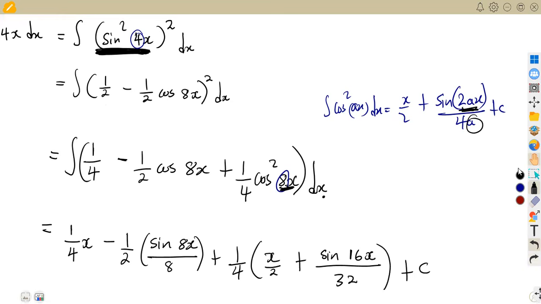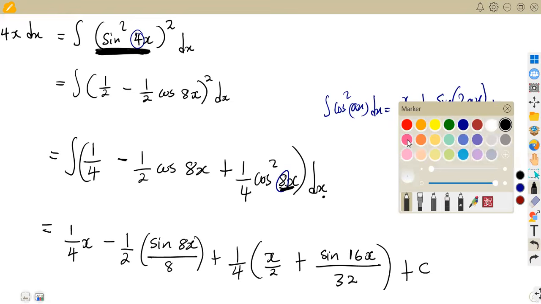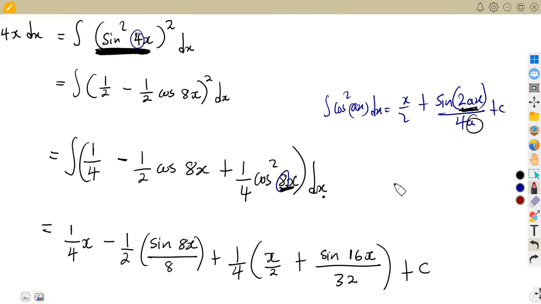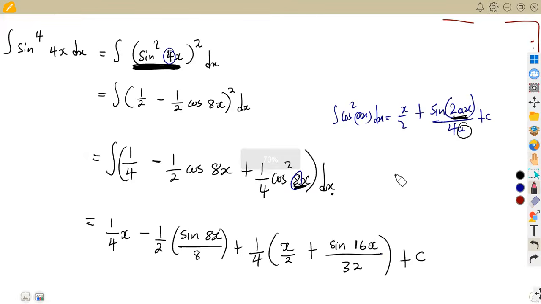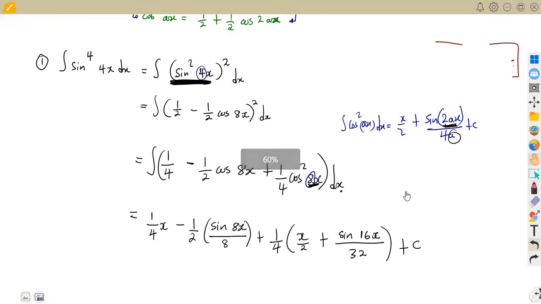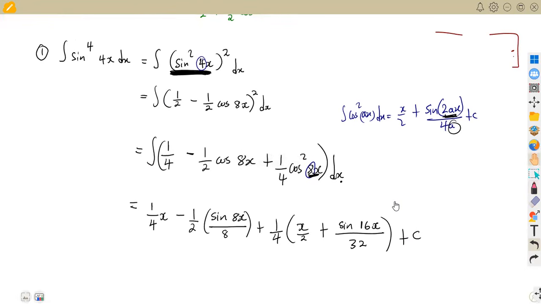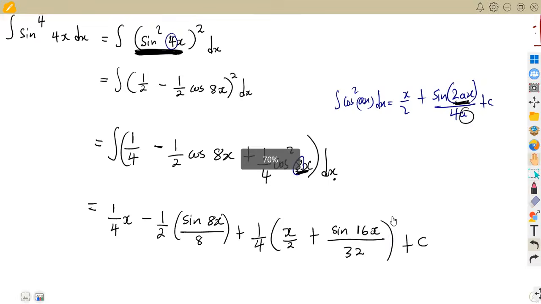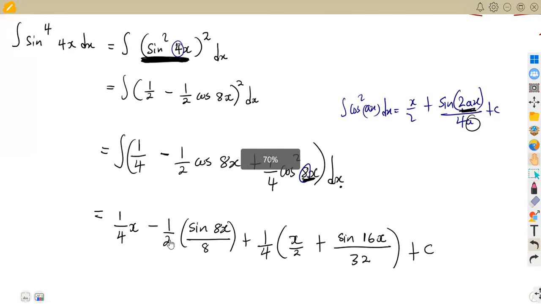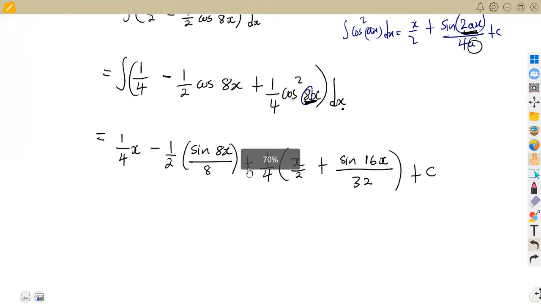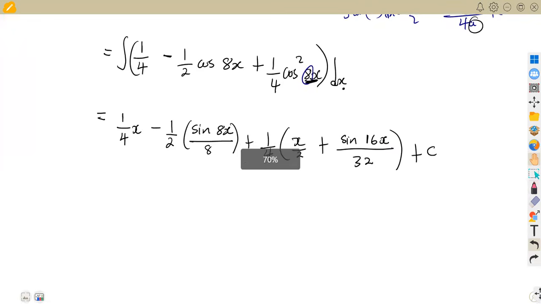You are done. At this stage, what you just need is the simplification. Just have to simplify properly each and every stage. So let us expand brackets and simplify together. Here you're going to get 1 over 4x.